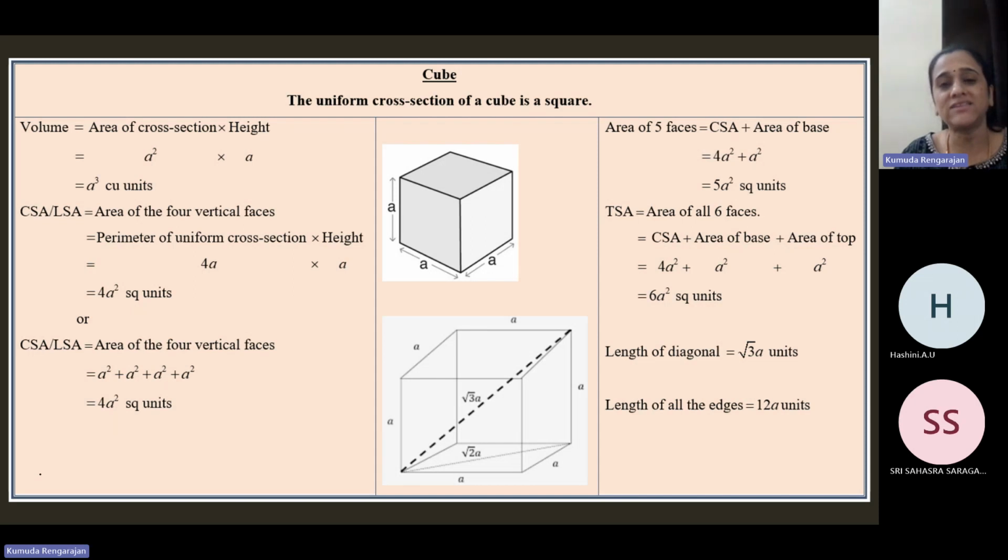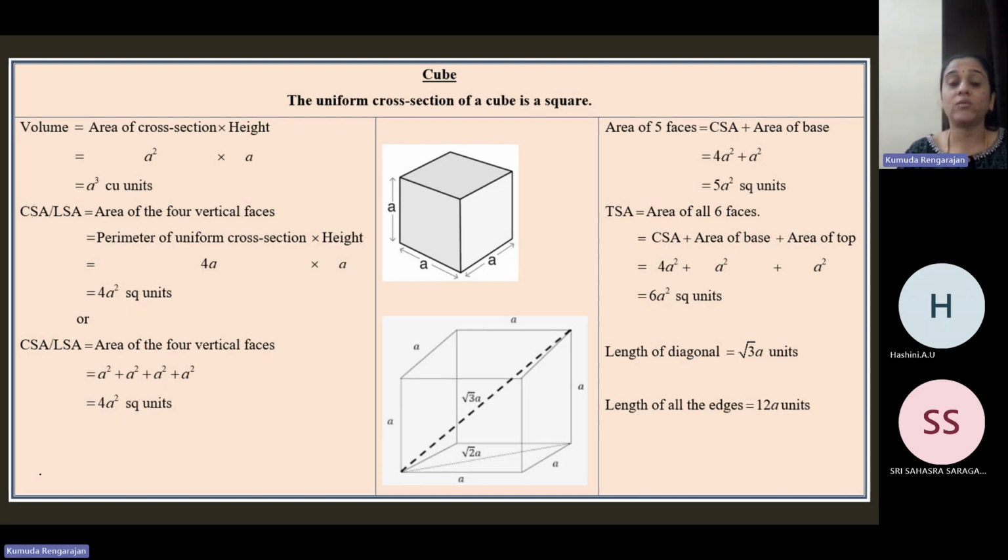These 4 faces make the lateral surface, the standing surfaces, the vertical surfaces. So in a cubical room, the four walls are the vertical or the standing surfaces, and they make the lateral surface area of the cube or of this cubical room.